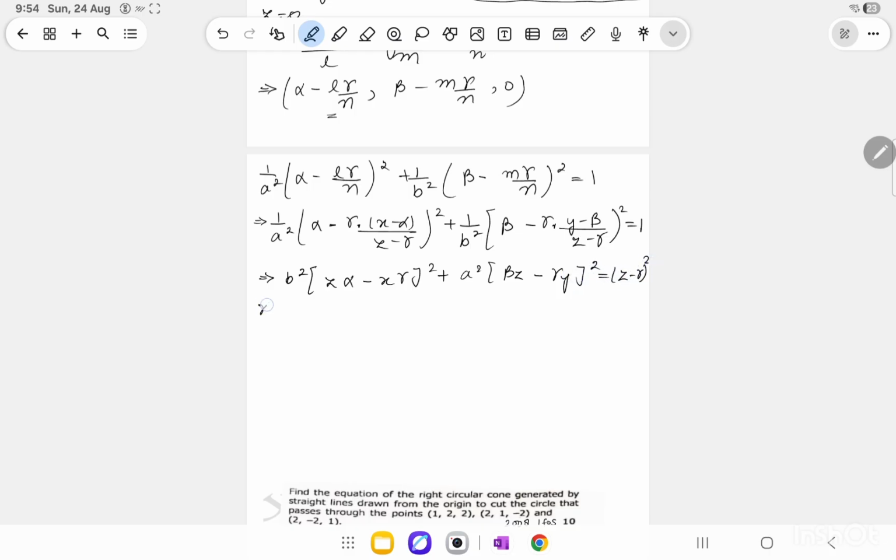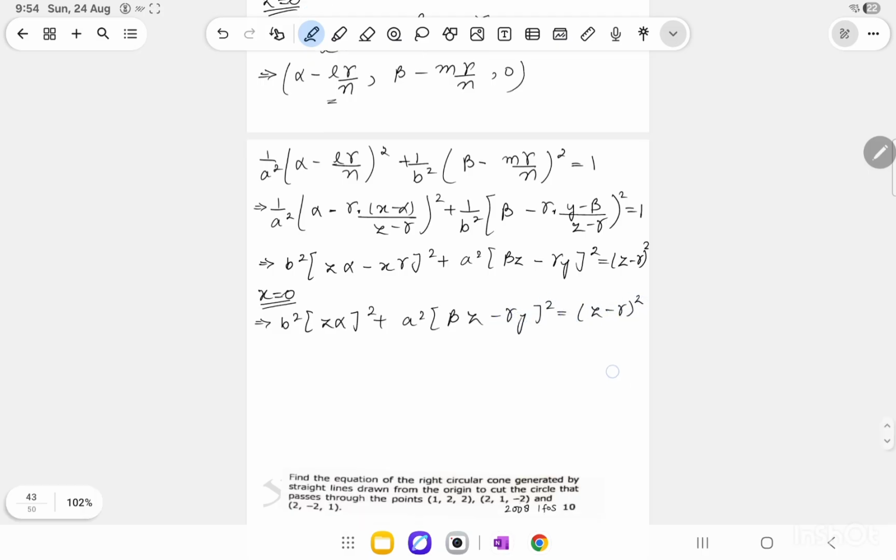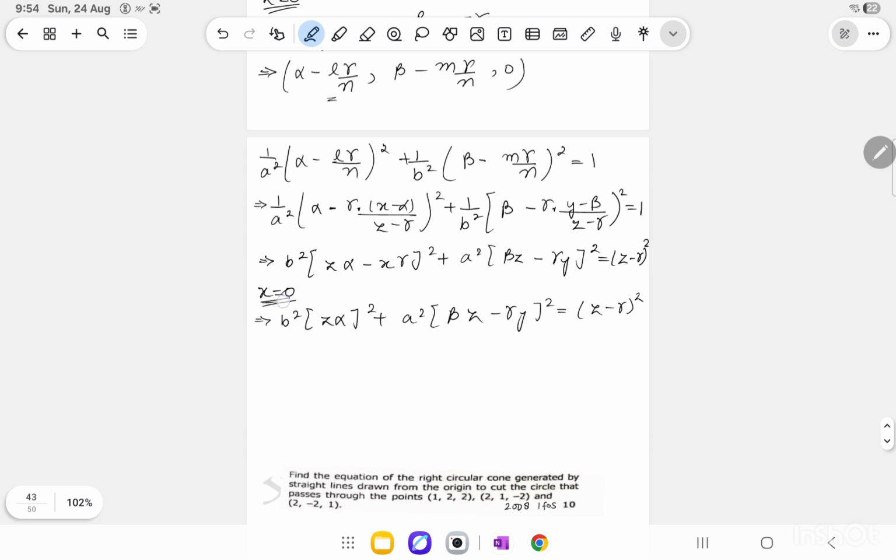So we have the section of the cone with x = 0. If I put x = 0, I will get b²(zα)² + a²(βz − γy)² = a²b²(z − γ)². So the section of the cone with x = 0 is a rectangular hyperbola in the yz plane.